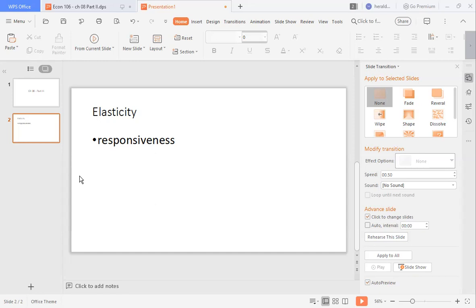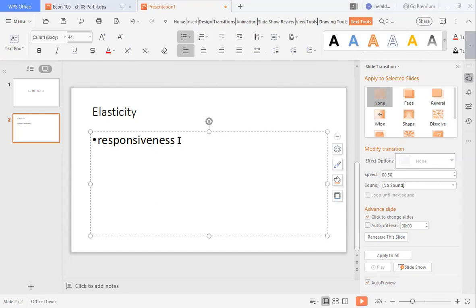But we're concerned with the magnitude. For example, if there is an increase in price of 10%, then quantity demanded will decrease by what percentage?